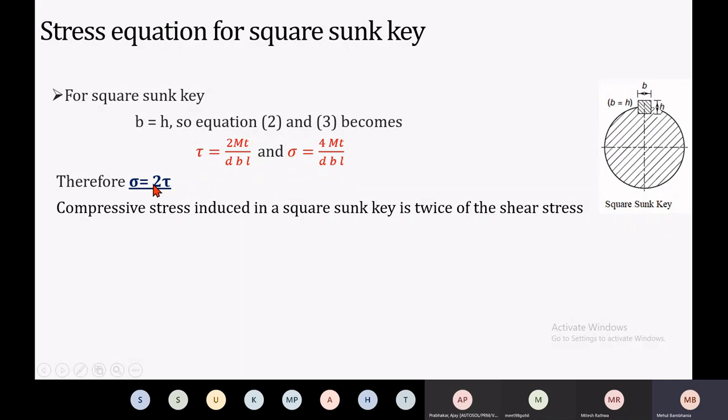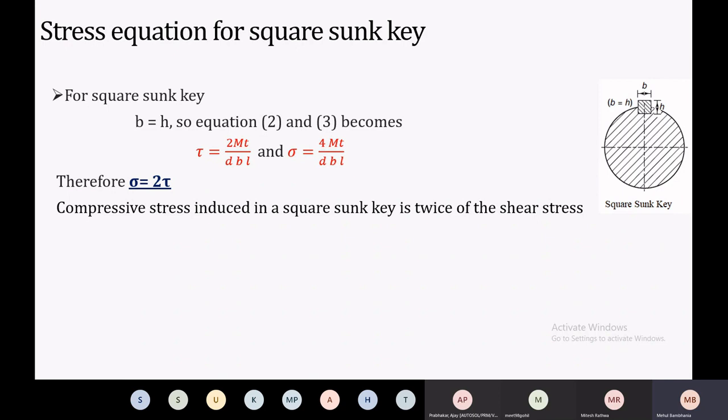What does it conclude? It is always found that the compressive or crushing stress is 2 times the shearing stress. Even if we are not able to calculate the shearing stress, with the help of crushing stress we can assume that crushing stress is always 2 times higher than shearing. So this is the correlation between shear stress and compressive stress for a square sunk key.